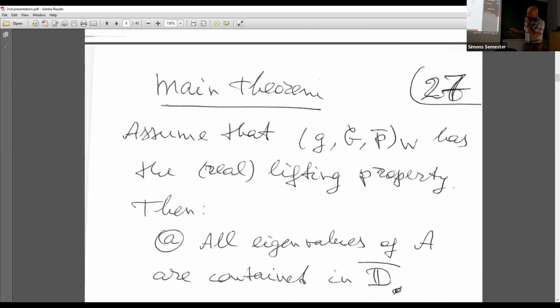Now, one moment. That's precisely the missed page. Should I now go to share screen? Yeah, share screen. 26.